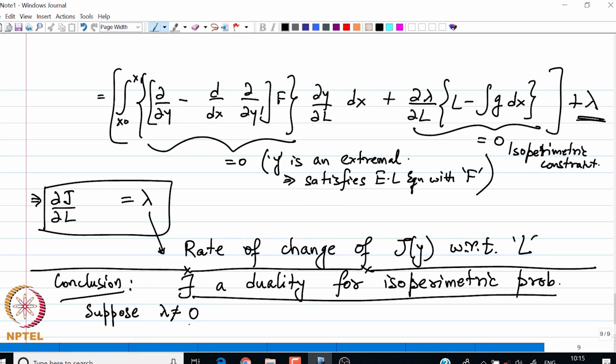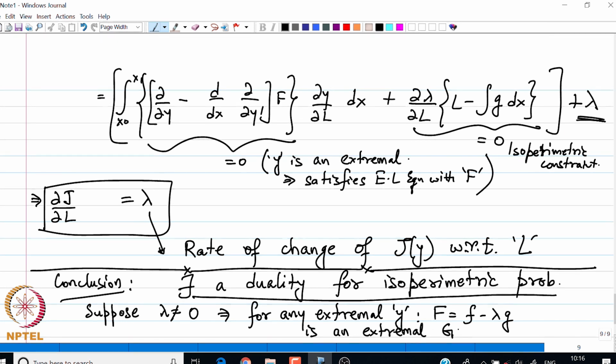Then for any extremal y, my capital F, which is f minus lambda g, is also an extremal for g minus lambda hat f, where lambda hat is 1 over lambda.